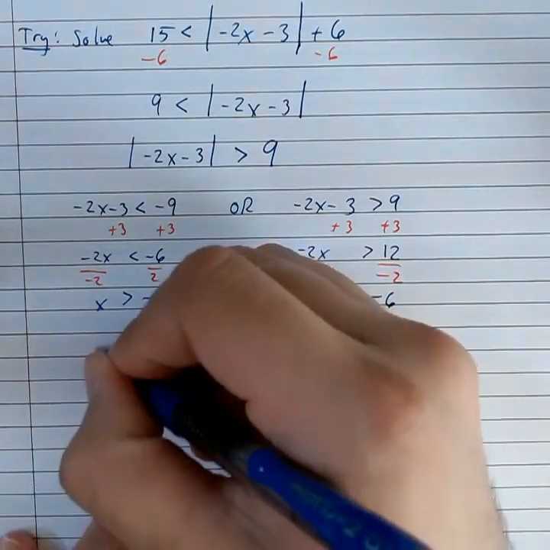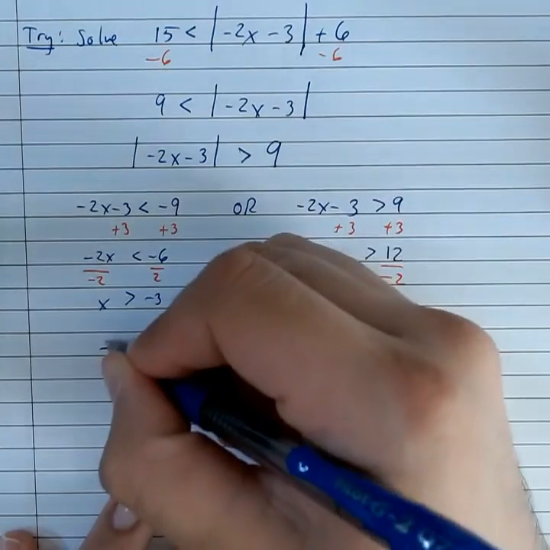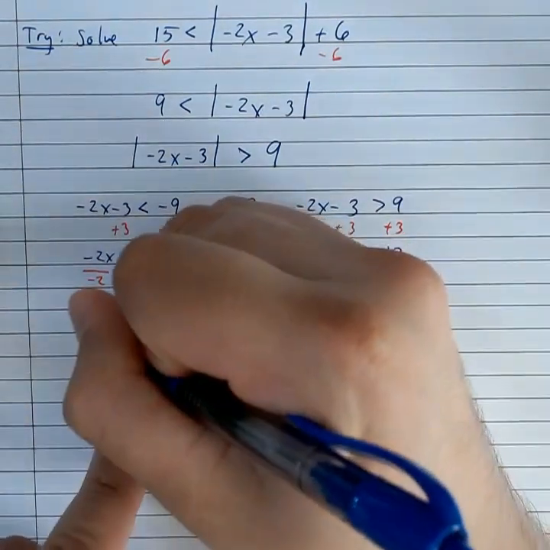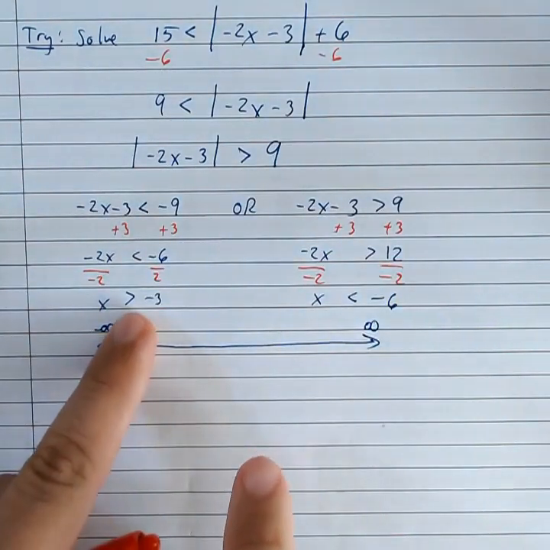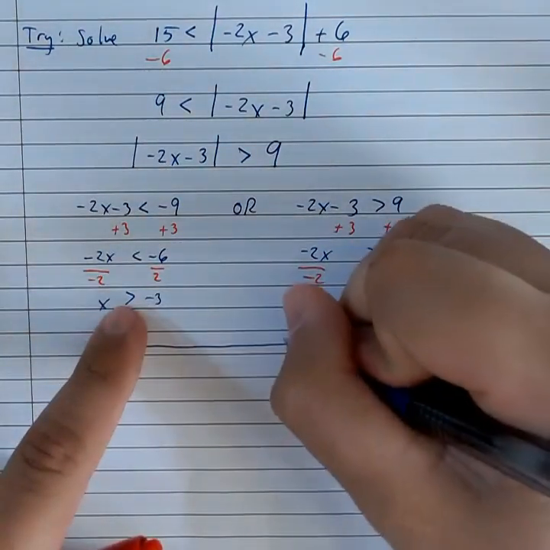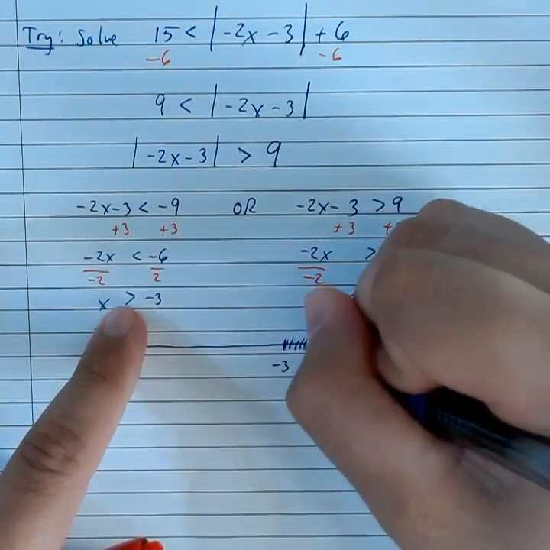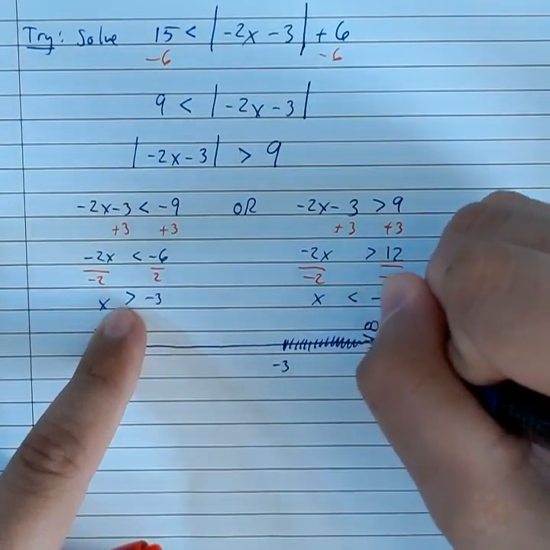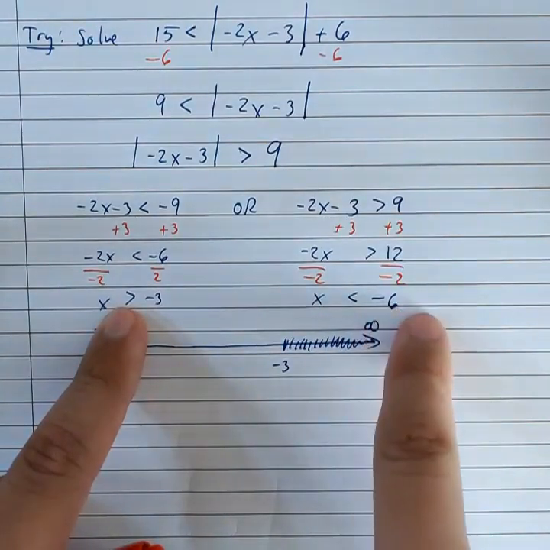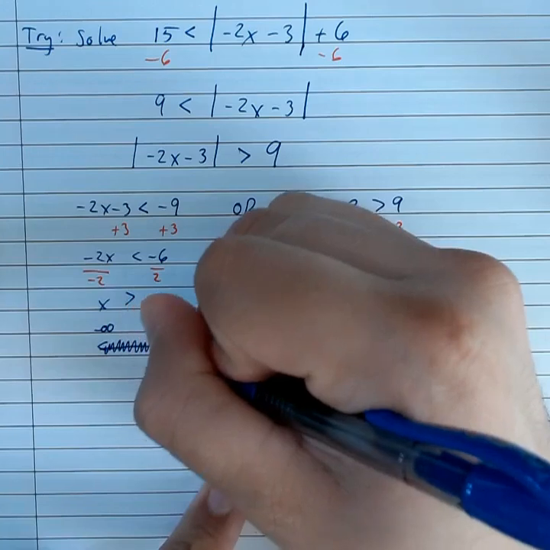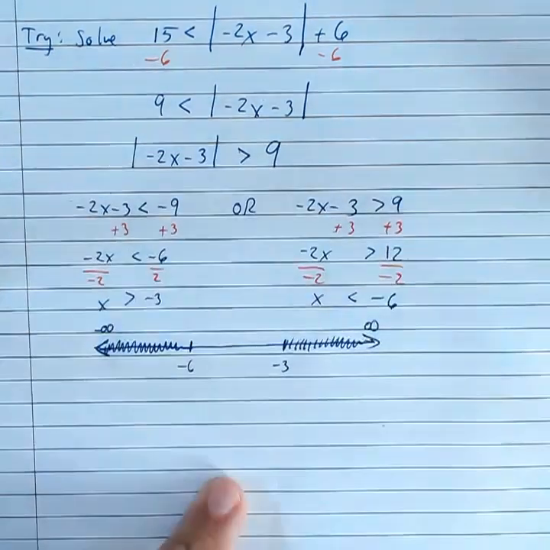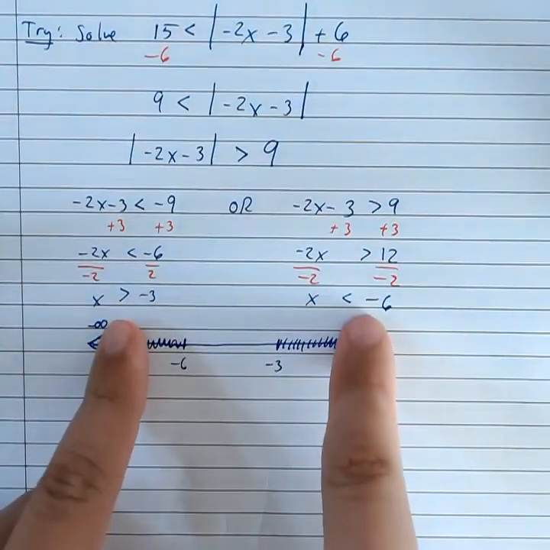So now you can visualize this. You can't see inside my head, so I'm actually going to draw it. Here, x is greater than negative 3. That means from negative 3 to the right. x is less than negative 6, so from negative 6 to the left. Right? So we don't want to include either of those numbers.